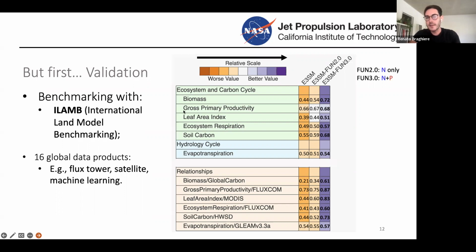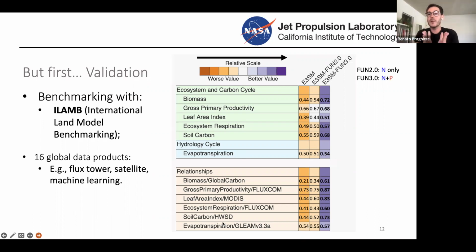So biomass, global photosynthesis, leaf area index, ecosystem respiration, soil carbon, and for the hydrology cycle, we look into evapotranspiration, and also how these different variables associate with climate data.